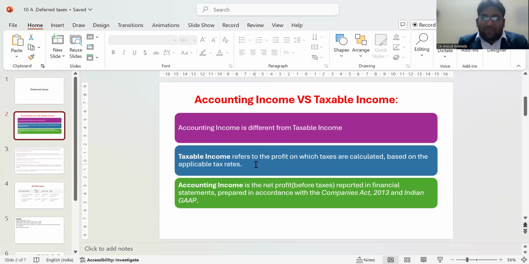Taxable income is just for the purpose of tax calculation. How to derive this, we'll understand from profits or gains from business and professions under the Income Tax Act. Accounting income information is publicly available, and it has been prepared in accordance with the Companies Act 2013 and Indian Generally Accepted Accounting Principles.